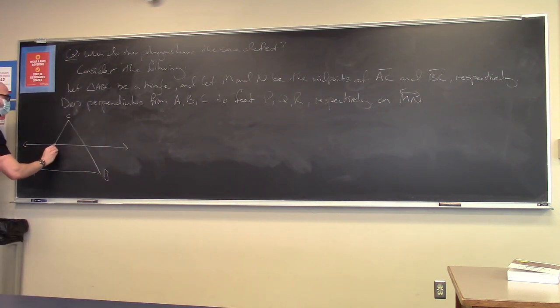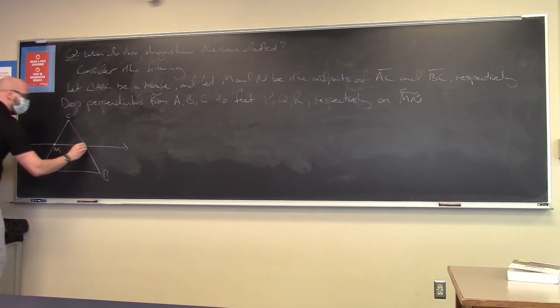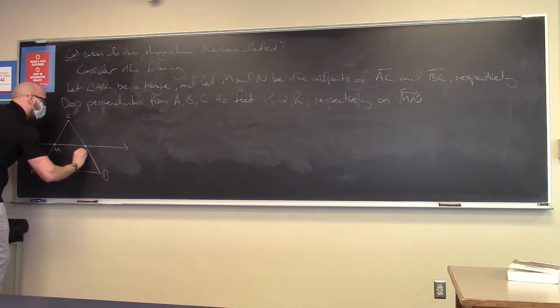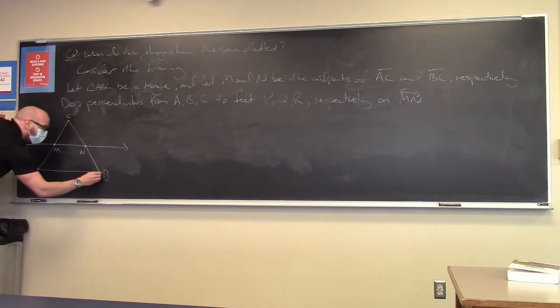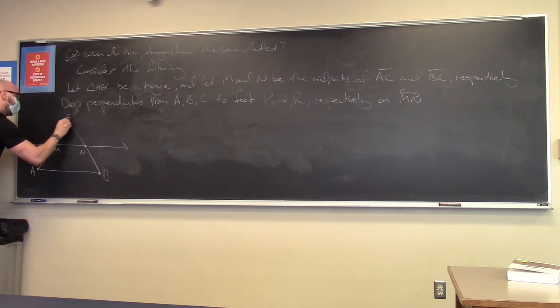So there's M, there's N. And we're coming into each of these three points, A, B, and C, and we're dropping perpendiculars to the line, to P, Q, and R.